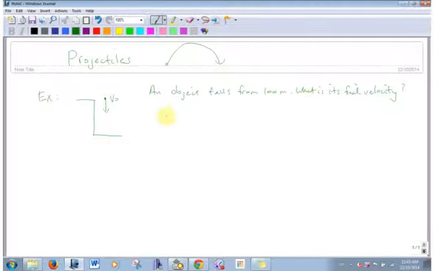Okay, start with what you know. I know it's going down 100 meters before it hits something at the bottom. What else do I know? When I drop it, what's its initial velocity? Nothing. Zero.